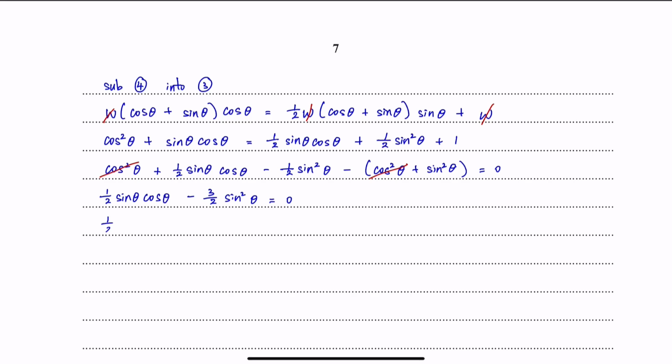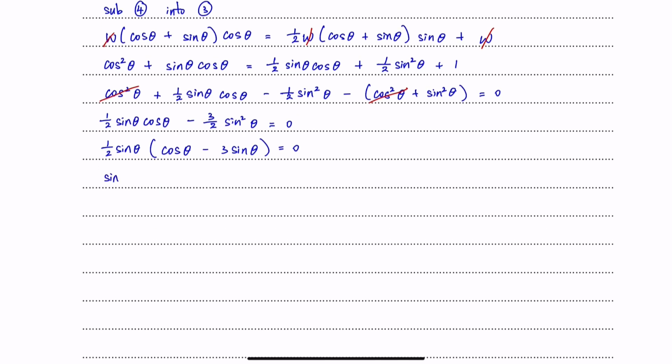And we can factorize the half sin theta out to get sin theta (cos theta minus 3 sin theta) equals to 0. Sin theta equals to 0, and 3 sin theta equals to cos theta.